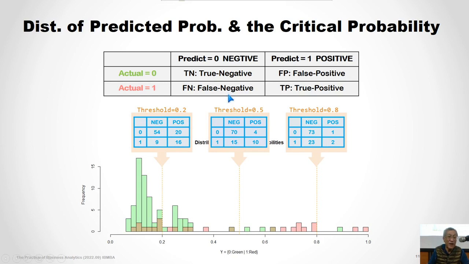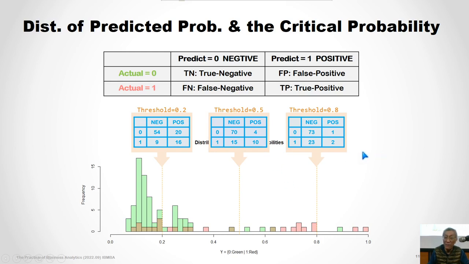And this makes up the TN, FN, FP, TP. They make up these four values, and those four values jointly are what we mean by the confusion matrix. So the confusion matrix changes when the threshold moves.